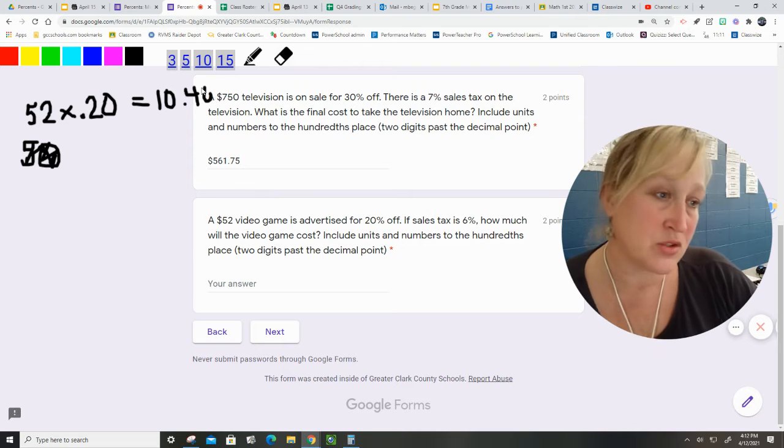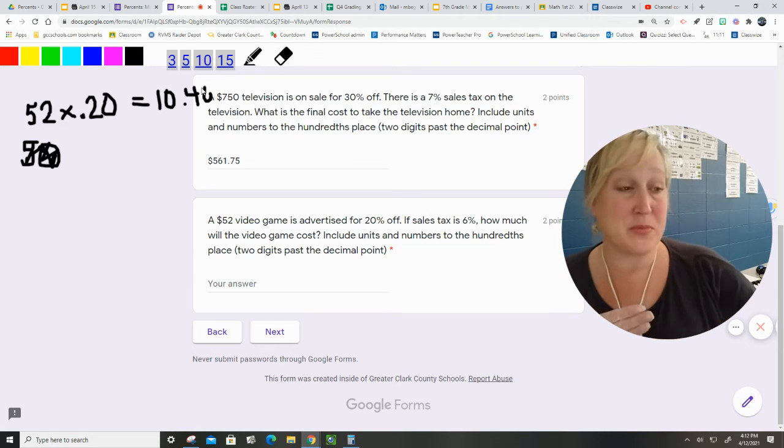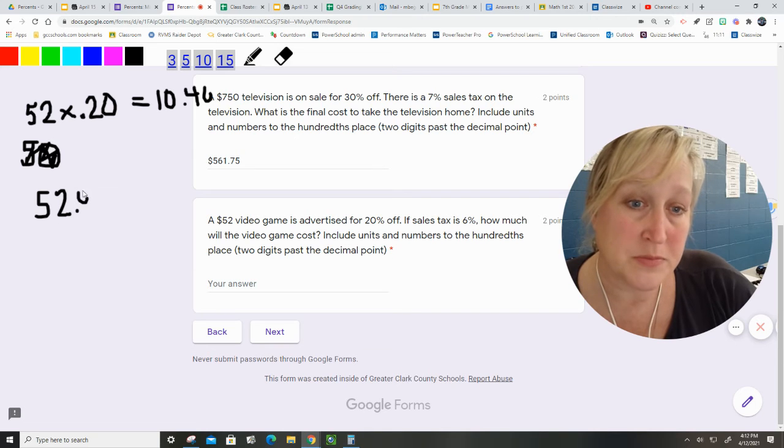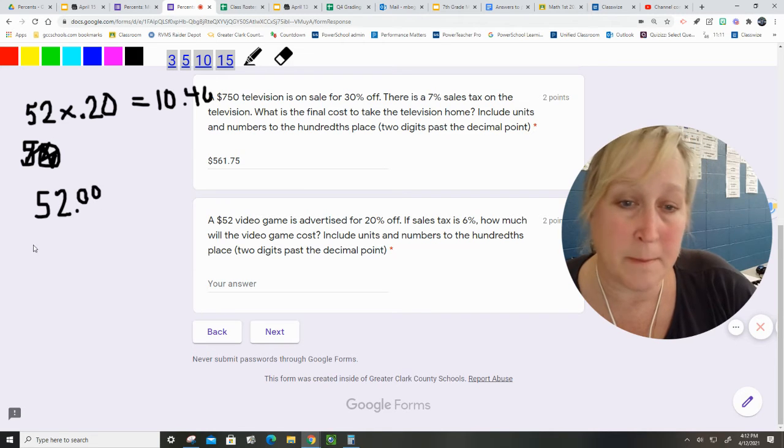So that $10.40 is what they take off of my 52. So I do 52 minus 10.40.